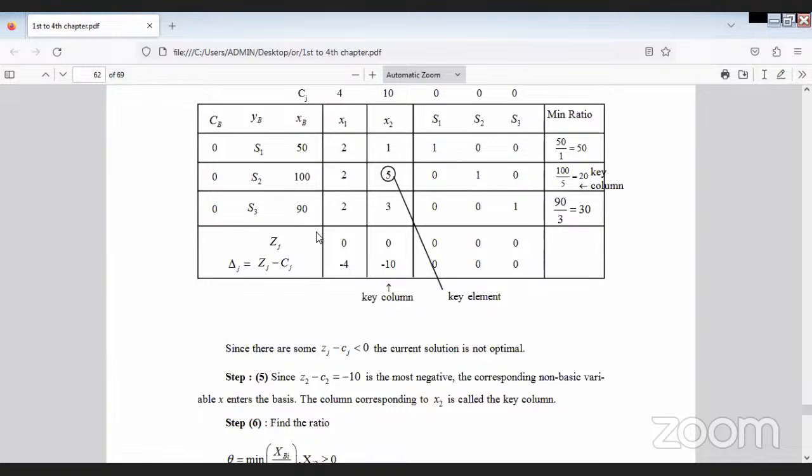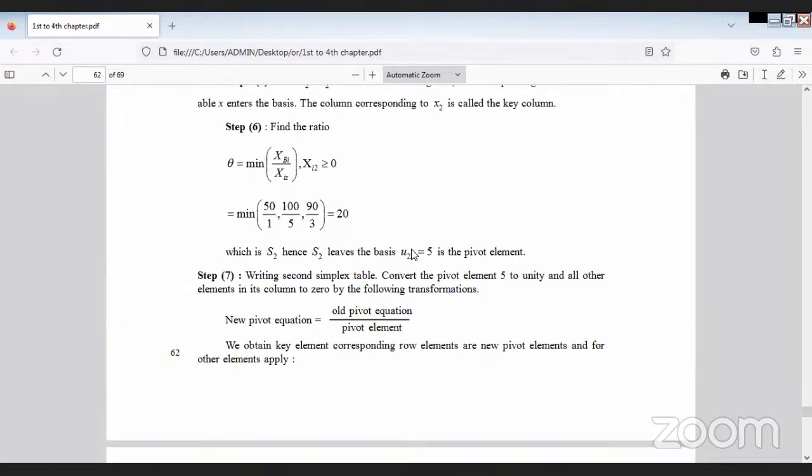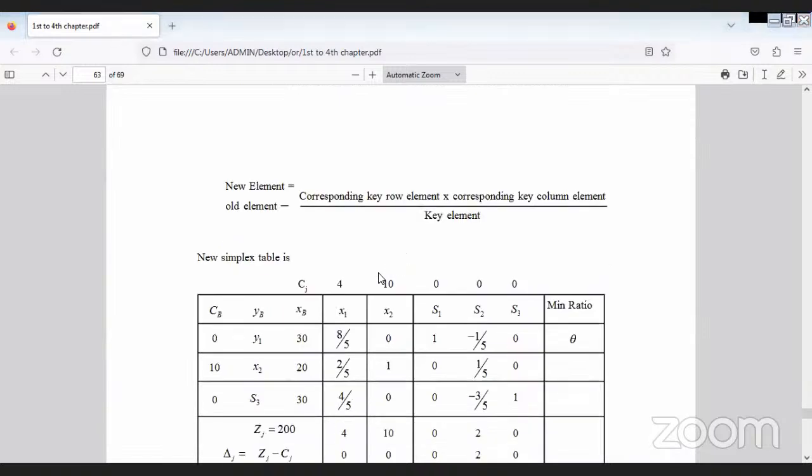See here, just one single clarification I have to give here.